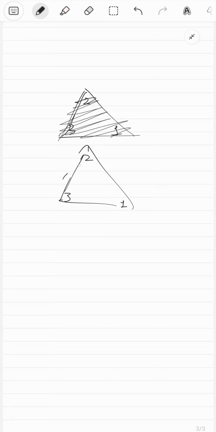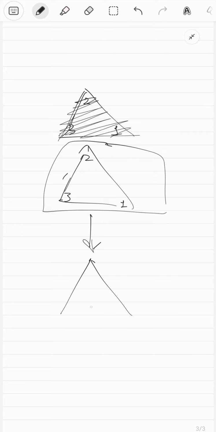As in, if this is how the original triangle is, you do some operation to it, you move it around, whatever you want to do, maybe flip it or something, and then maybe it comes out like this, that you have a 3 over here and a 2 over there and a 1 over there, and obviously this is going to have the black side on top, because essentially you flipped it, right?